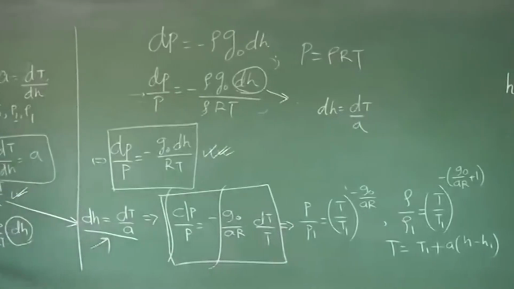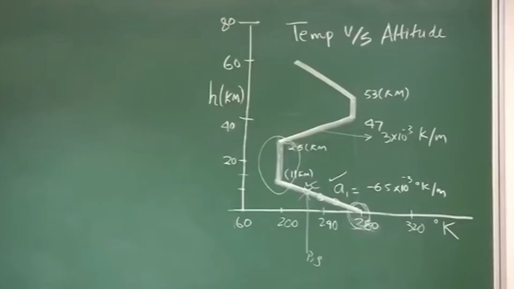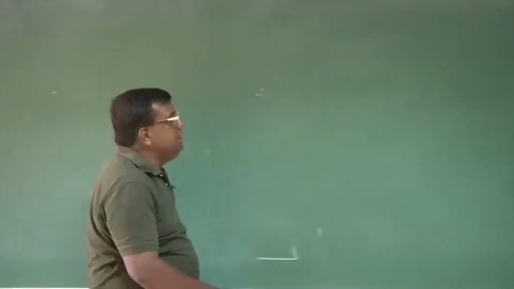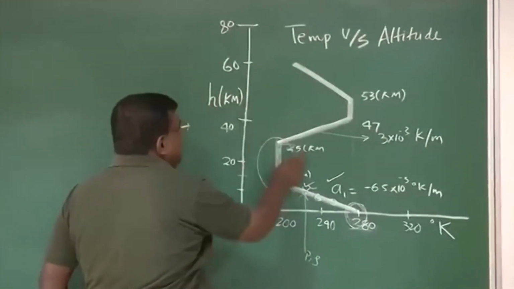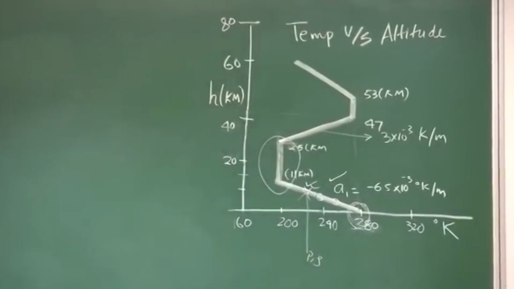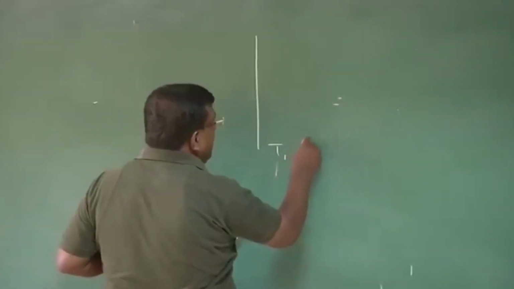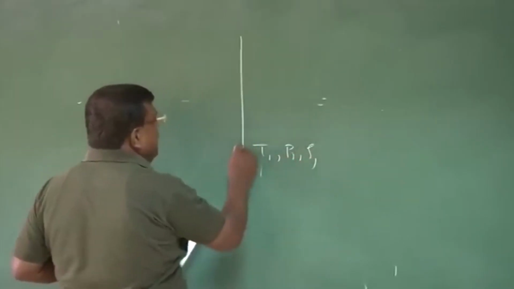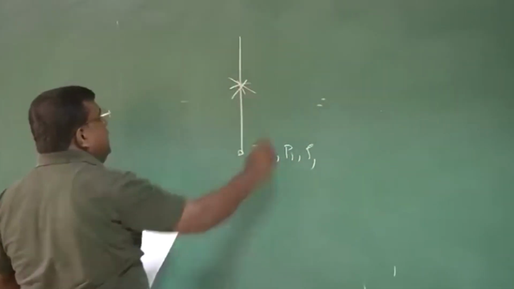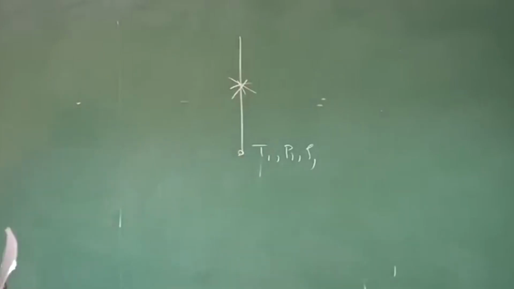Now, if I want to find out for the region where the temperature remains constant, which is called isotherm, that is this region. Let's say this is the region. I know here again T1, P1, rho 1, this condition I know. I want to find out at this condition what is the value of temperature, pressure and densities.